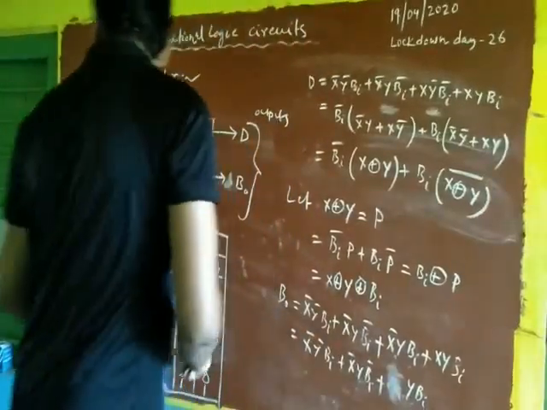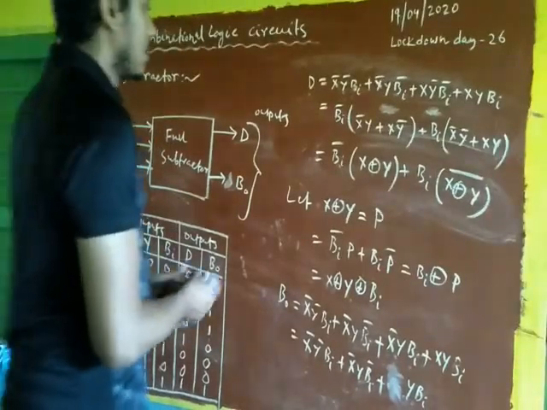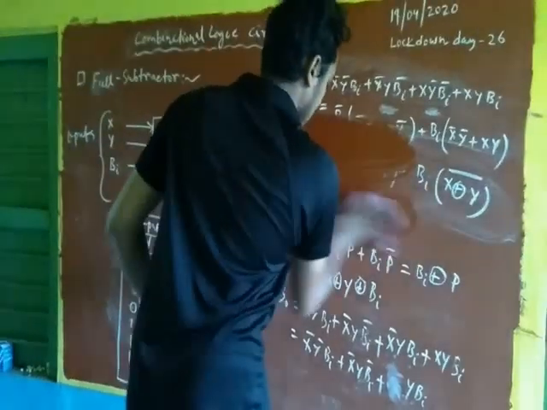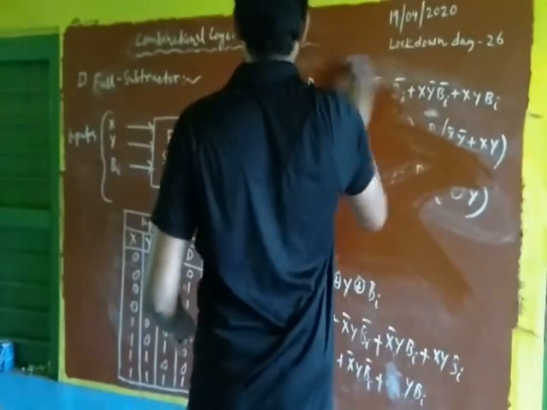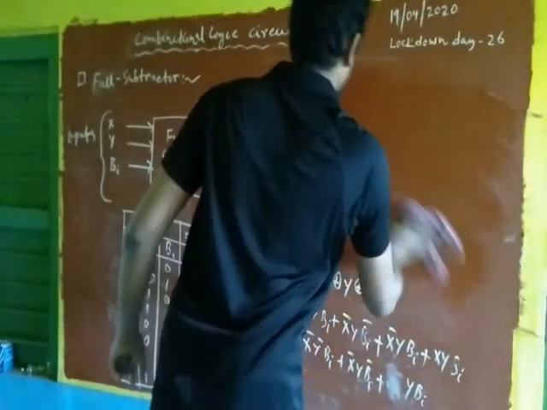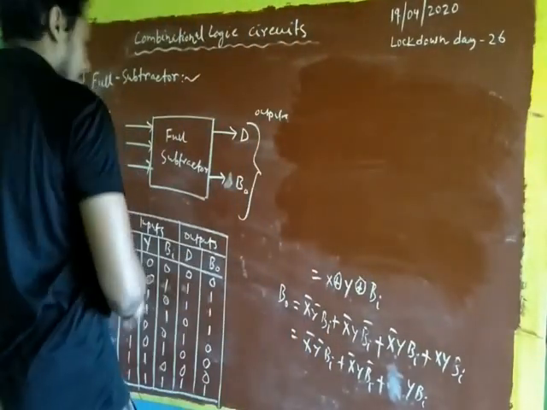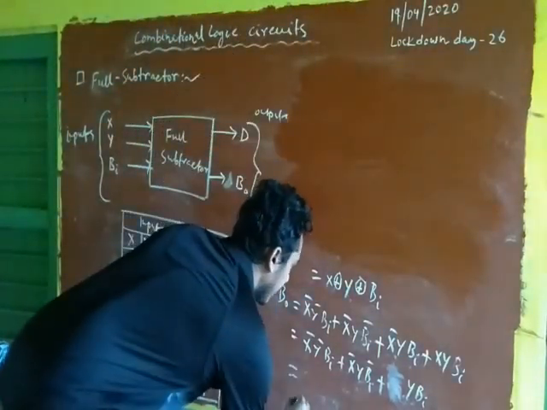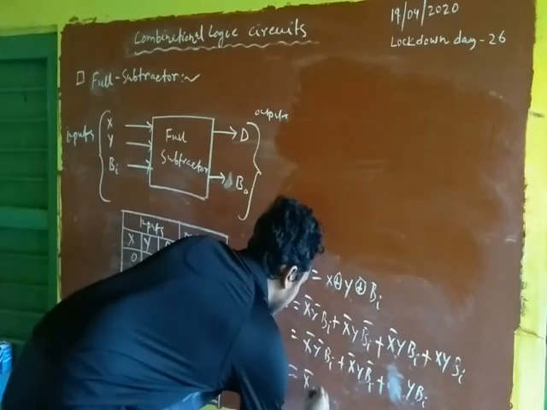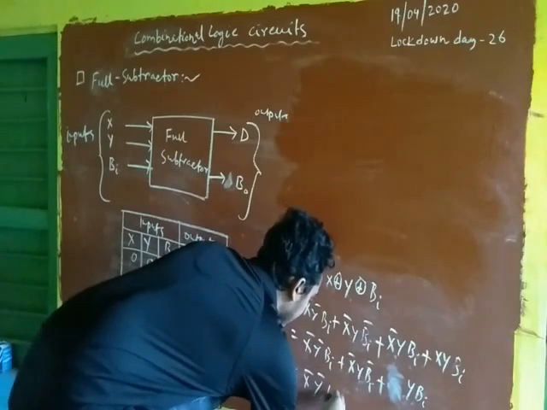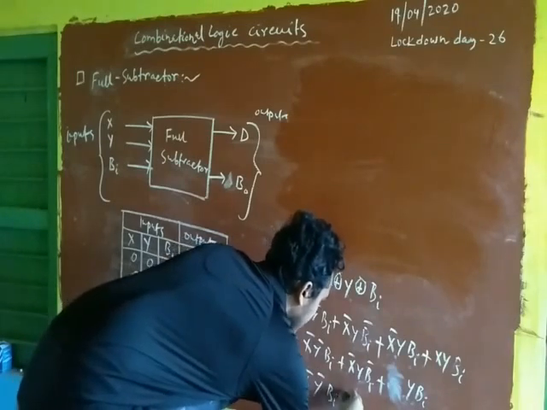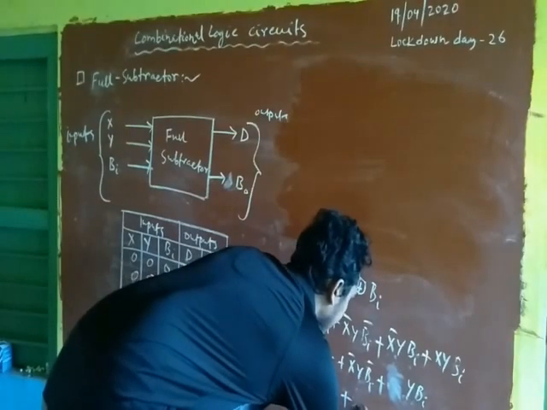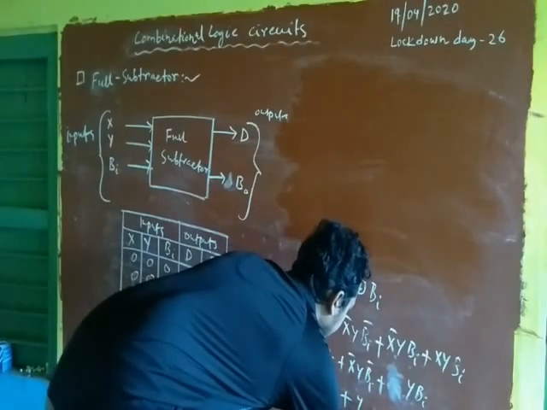So here only I am writing first term as it is. So x bar y bar bi plus, here we are taking common y.